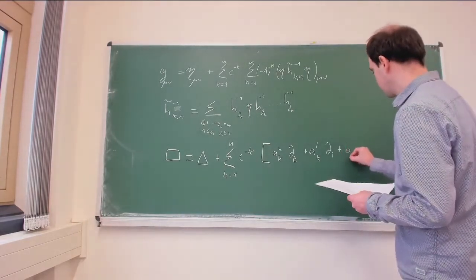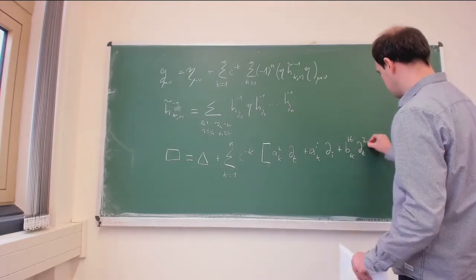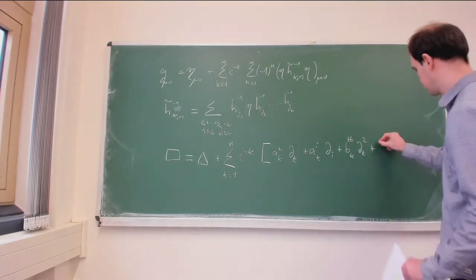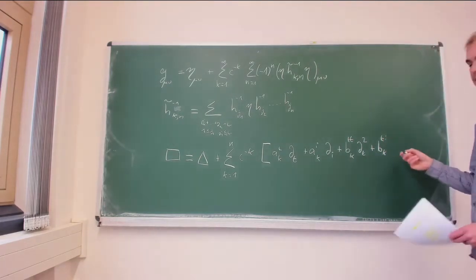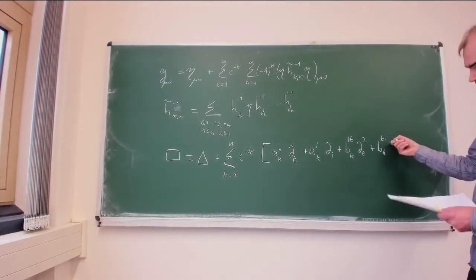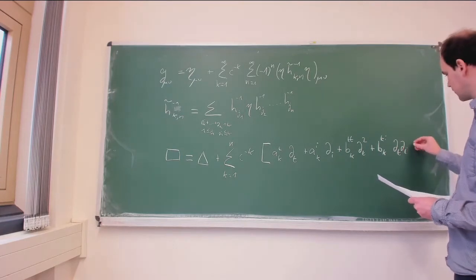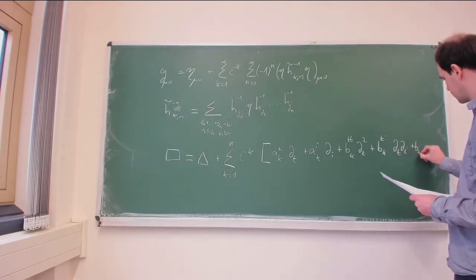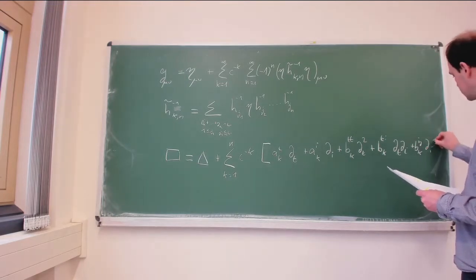So we have b^k_tt d_t squared plus b^k_ti, where i goes from 1 to 3, d_t d_i, and finally b^k_ij d_i d_j.